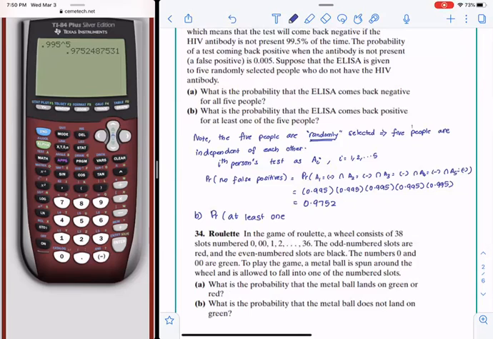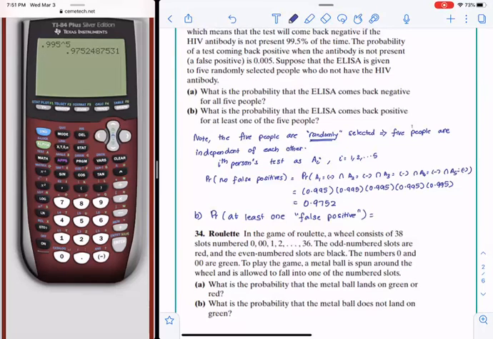In this problem, that simply means at least 1 false positive, because none of the 5 people are positive for HIV. And we're asking the question, what are the chances at least 1 ends up being positive? So whatever positive result happens must be a false positive.